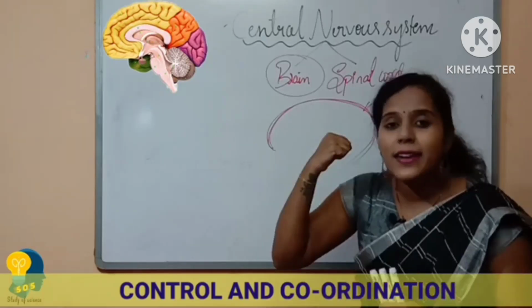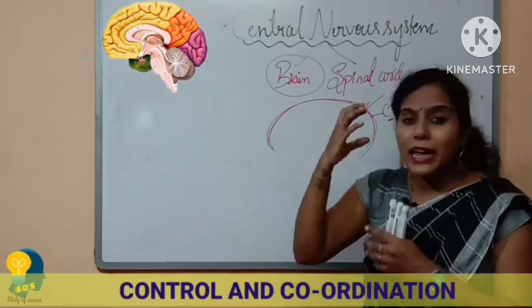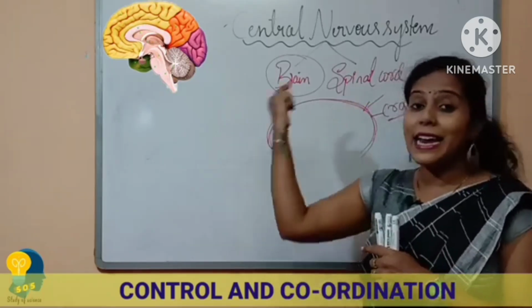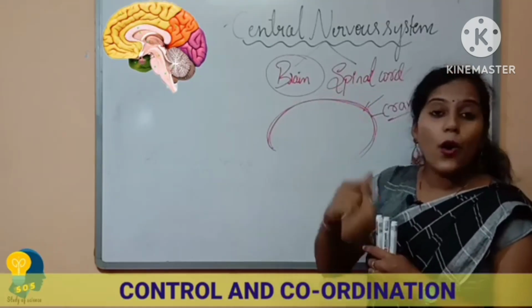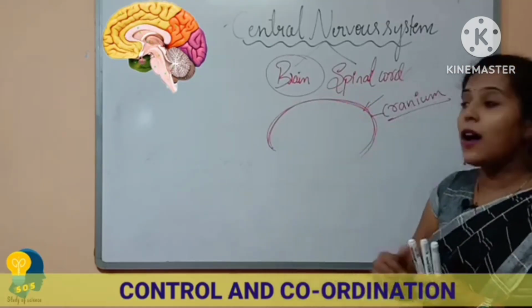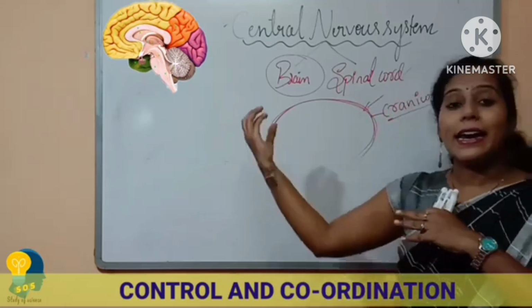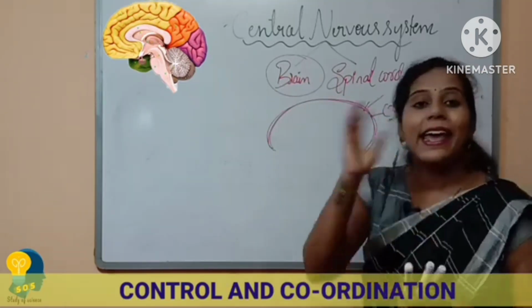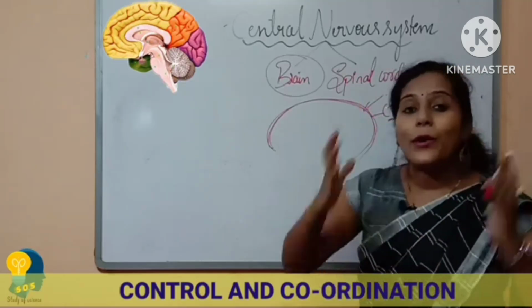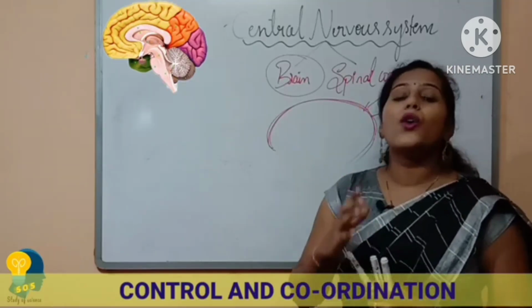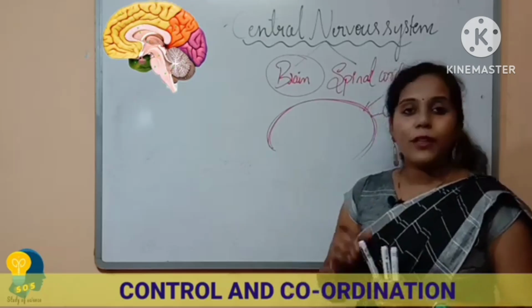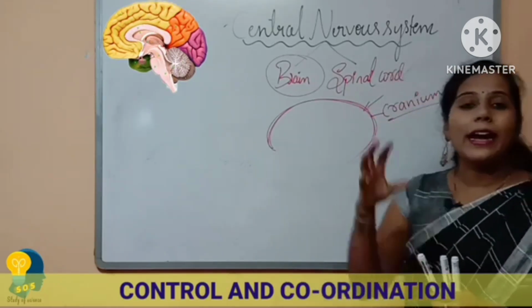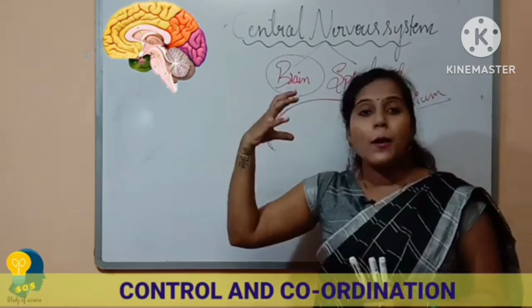Suppose somebody comes and hits us: we feel pain, but it does not directly touch our brain. Why? Because there is a bony box-like structure protecting our brain. It is called the cranium.